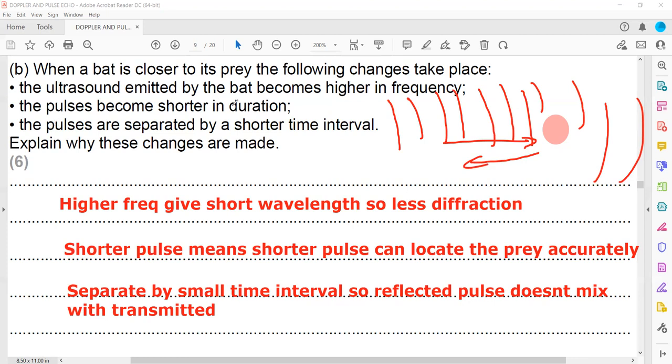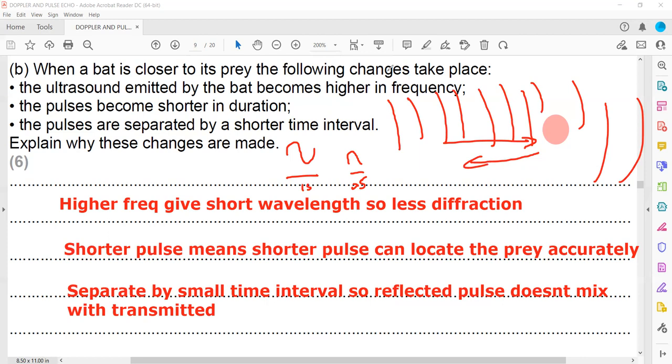Then pulses become shorter, like the length of the pulse becomes shorter. For example, if it was emitting a pulse for 1 second, then it emits a pulse of 0.5 seconds, so that it can easily locate the exact position of the prey. And the pulses are separated by a short time interval, like sending one pulse and receiving, then sending another pulse and receiving, so that the pulse sent and received do not mix or interfere with each other.